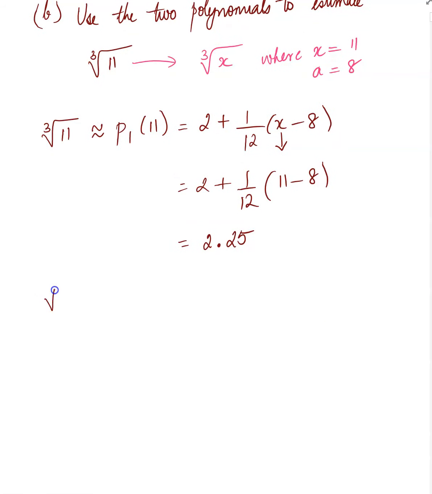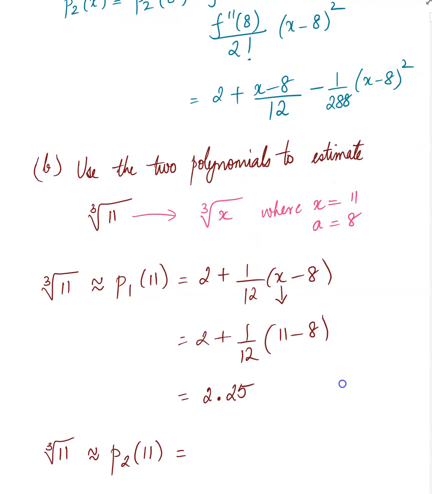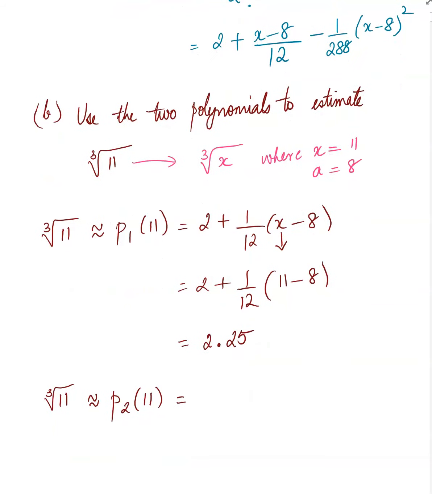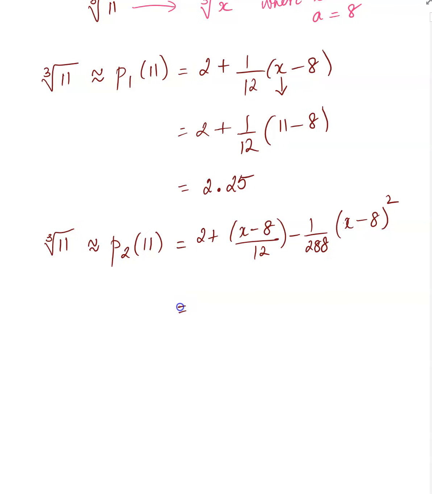For the second one, if you are using the second polynomial, let's go to the second one. It's 2 plus x minus 8 over 12 minus 1 over 288 times x minus 8 the whole squared. Once again, your x is 11.